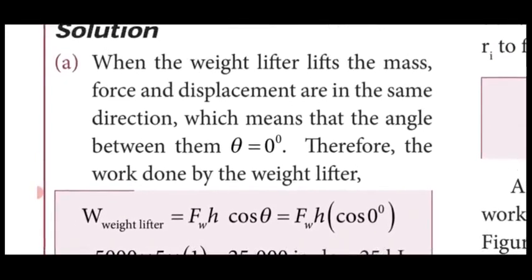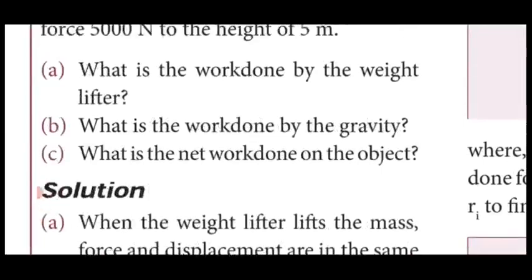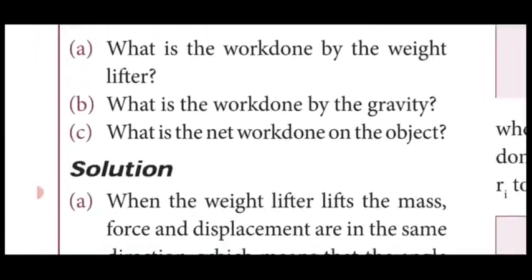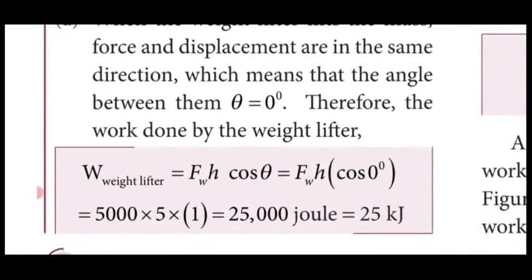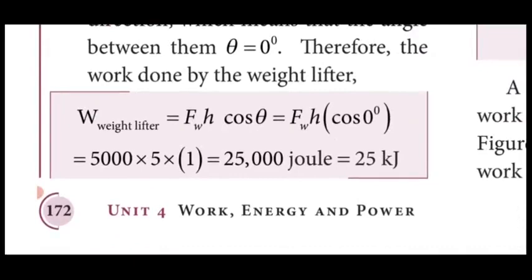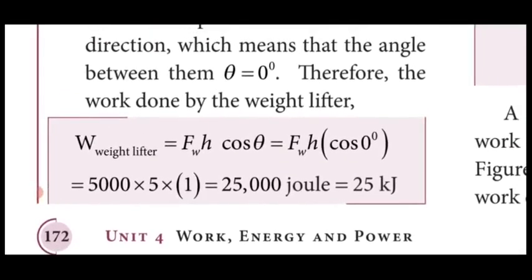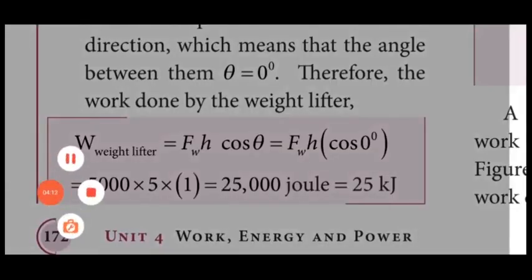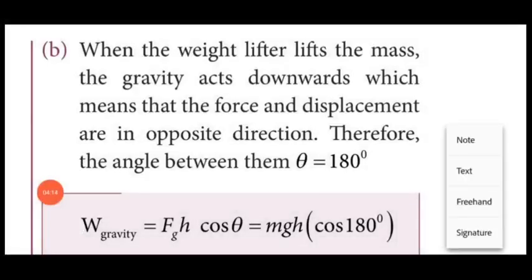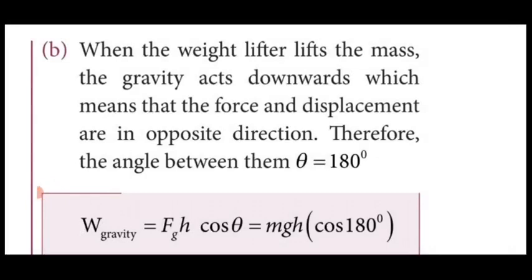All the values are already given in the question itself: force is given, h is given, and cos 0 is 1. So the total value is 25,000 joule, that is 25 kilojoule.